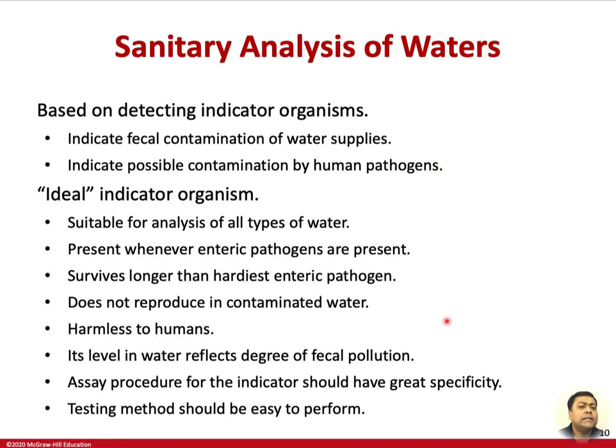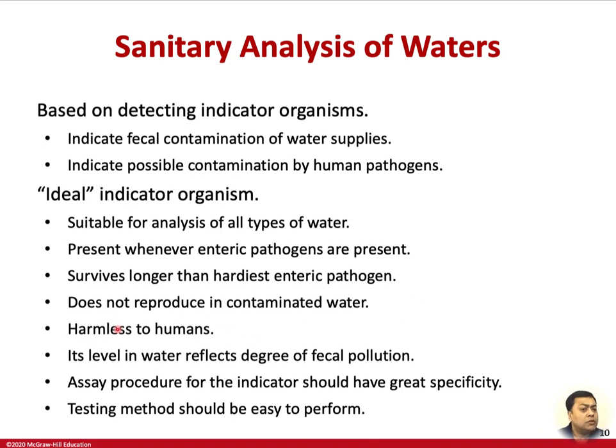So what is an ideal indicator organism? It should be suitable for analysis of all types of water, present whenever enteric pathogens are present, and survive longer than the hardiest enteric pathogens. These are gastrointestinal pathogens. It does not reproduce in contaminated water.